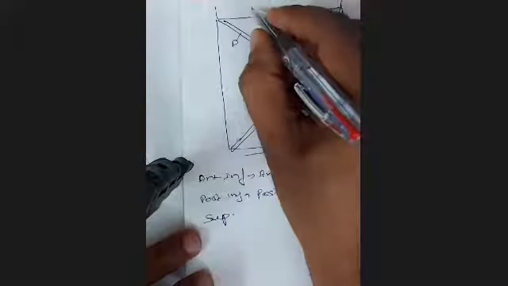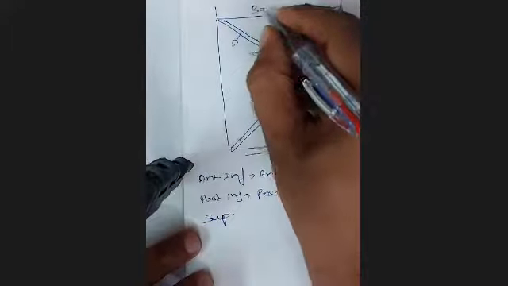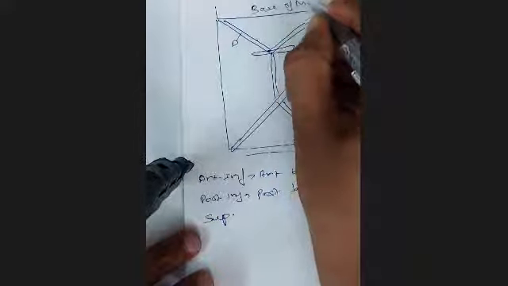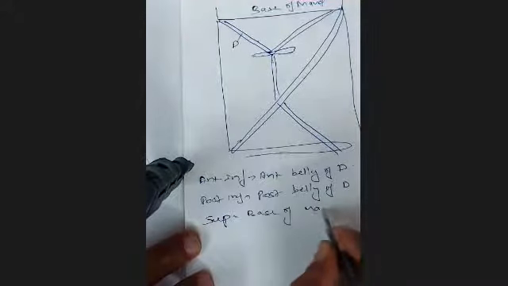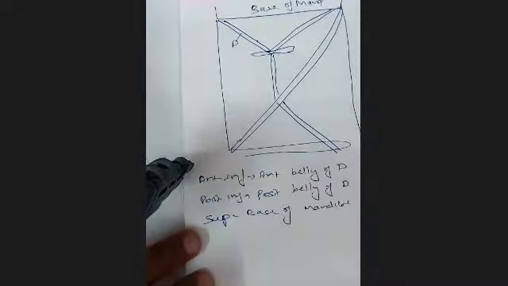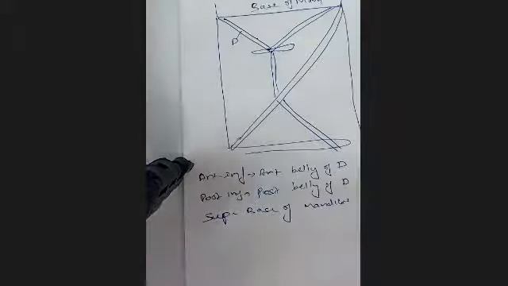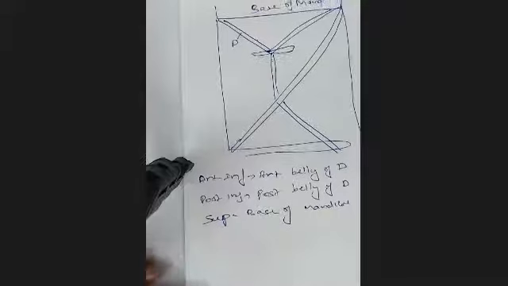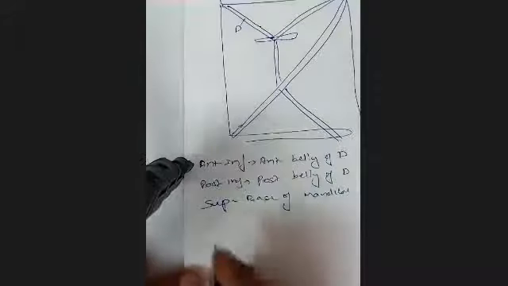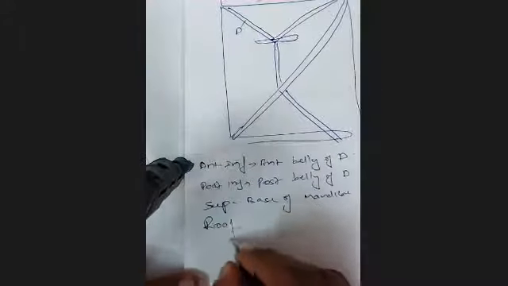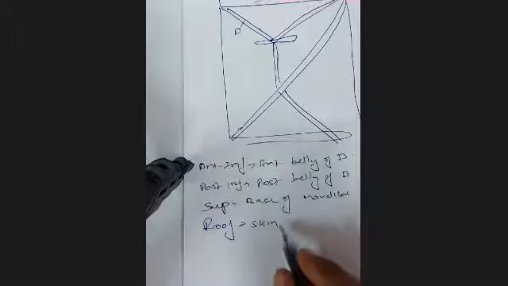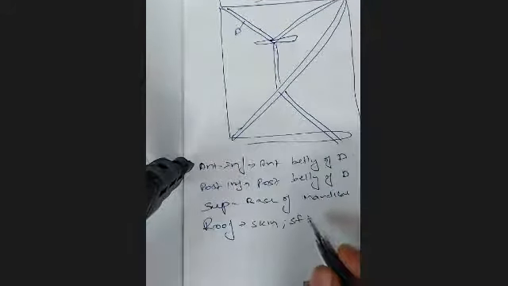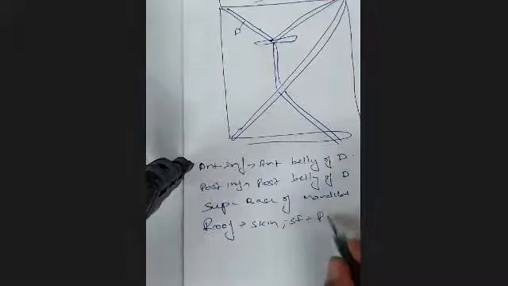Superiorly is the base of the mandible. The roof will be formed by skin, superficial fascia. Now, whenever we write superficial fascia, we have to write superficial fascia containing this muscle, platysma.